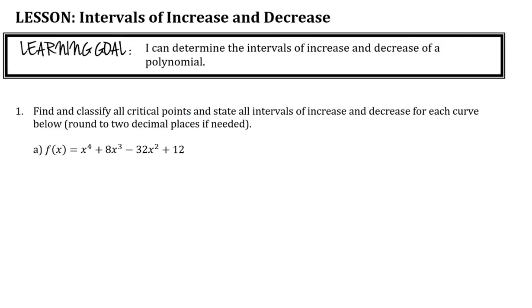So for this first one, since we're getting into curve sketching, the first thing you probably want to do is take a look at the function and decide what kind of function it is. Is it a rational function, a polynomial function? We will eventually get into trig and logarithmic functions.